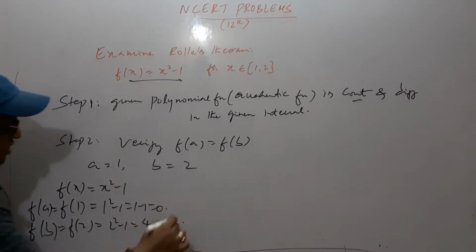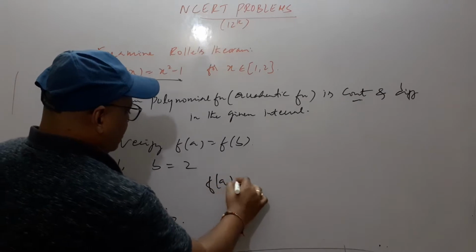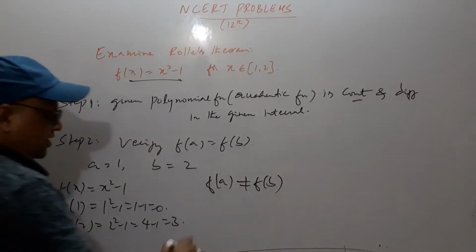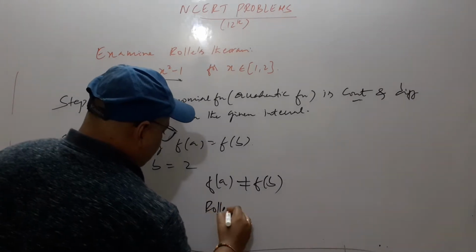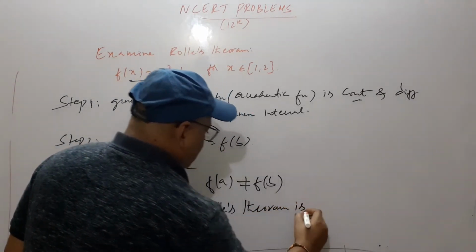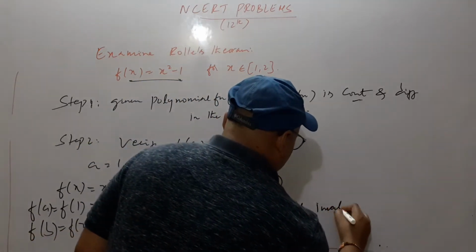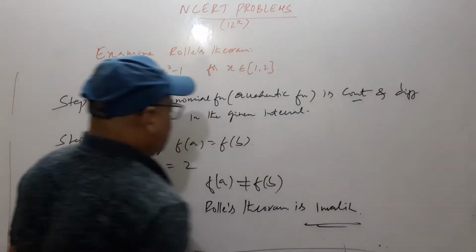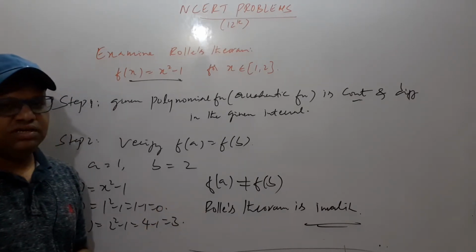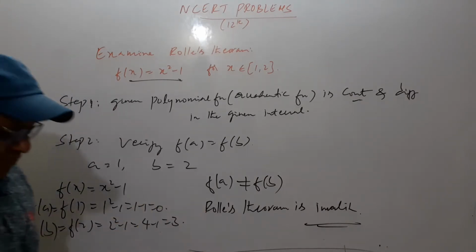So obviously f of a not equal to f of b, Rolle's theorem cannot be applied, or Rolle's theorem is invalid. So you can stop here, no need to go to step 3 because Rolle's theorem is rejected at this stage only.